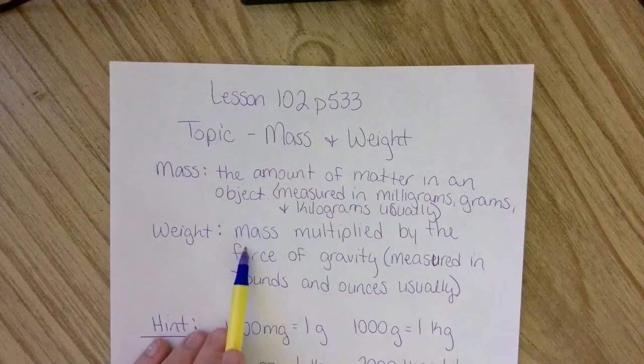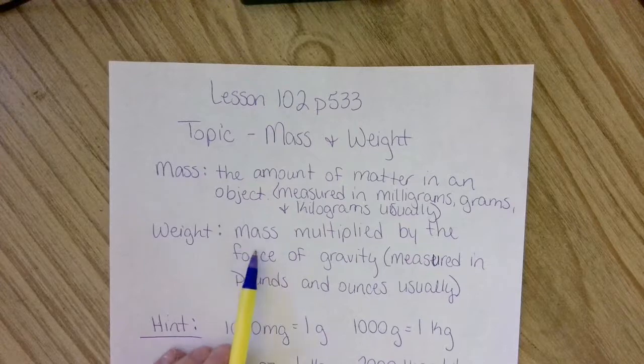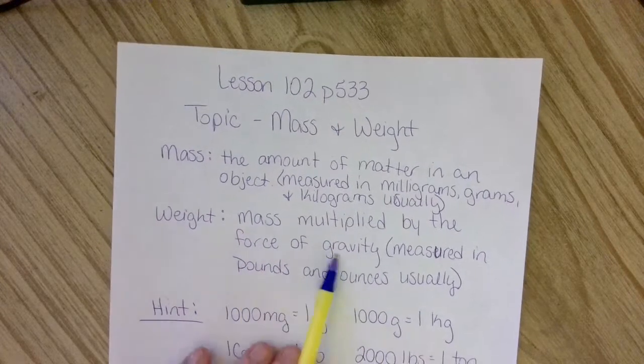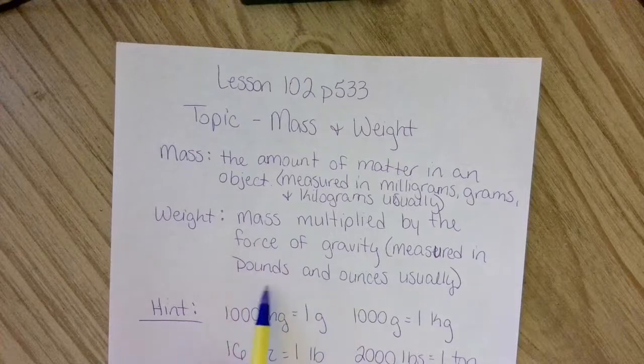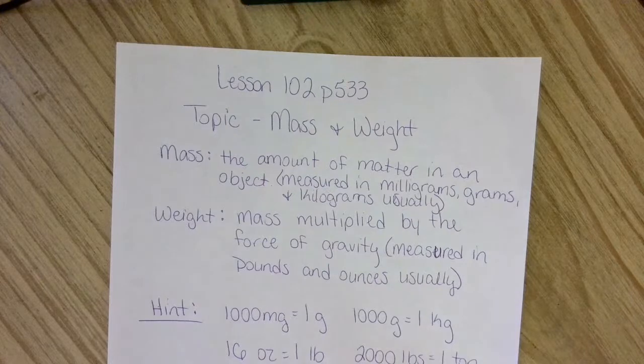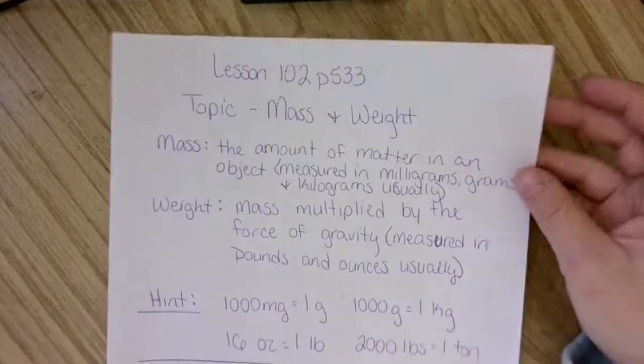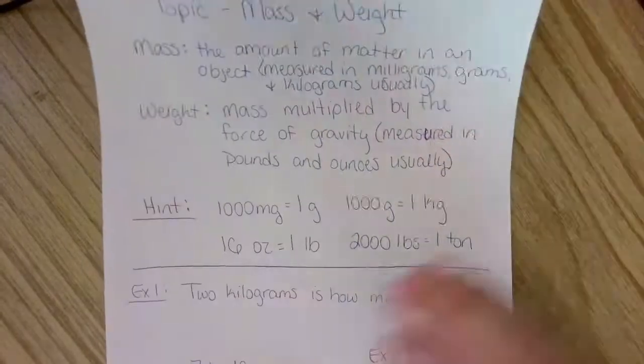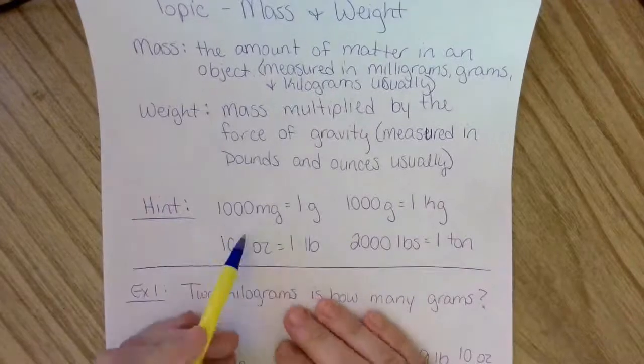To get weight, it's technically going to multiply mass and the force of gravity, which you don't need to know by any means. But what you do need to know is that pounds and ounces are usually how we are going to measure weight.